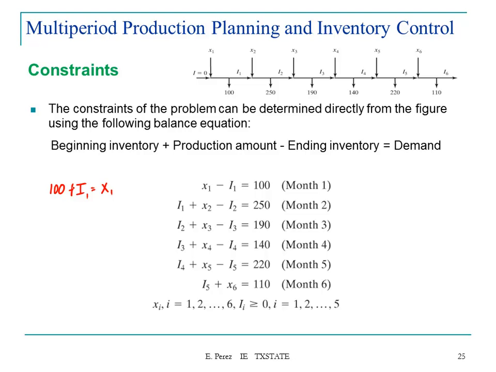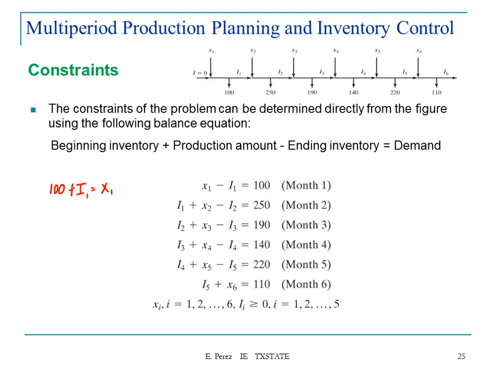Same thing for the second time period. So we have 200 here. We are going to be taking the inventory from the first time period plus the production. So you're going to add those two and subtract the inventory that you're going to take to the next time period. And that should be equal to this 250.